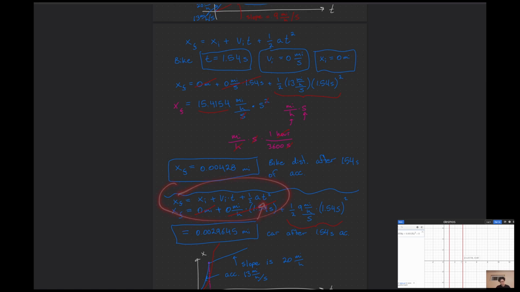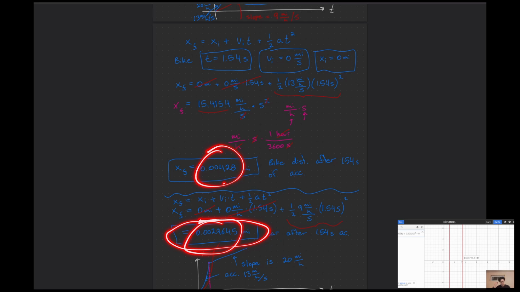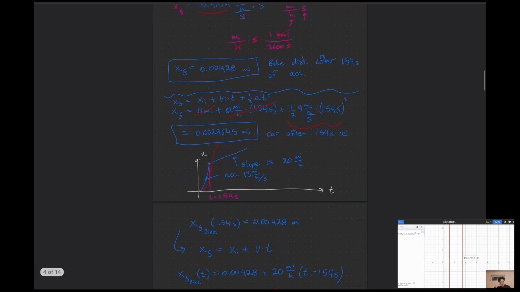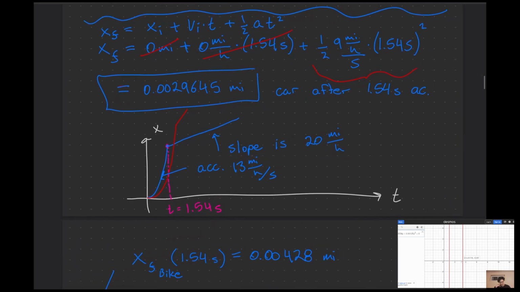I plugged in 1.54 to see where the car is at the moment in time the bike stops accelerating. So we see that it is this position, and this number here is smaller than this number here. So we can see that at this moment in time, after the bike has stopped accelerating, the bike is still ahead of the car.